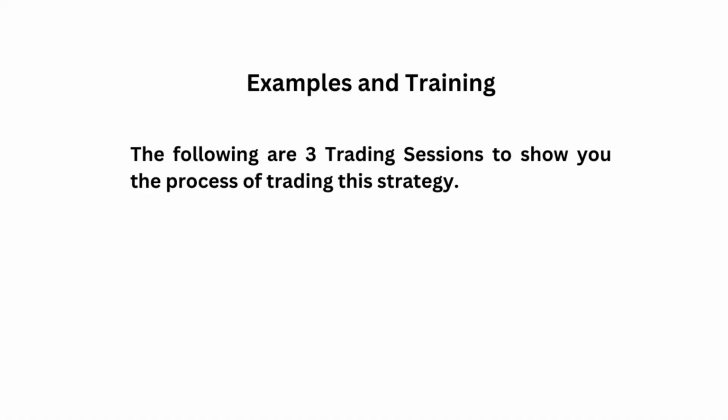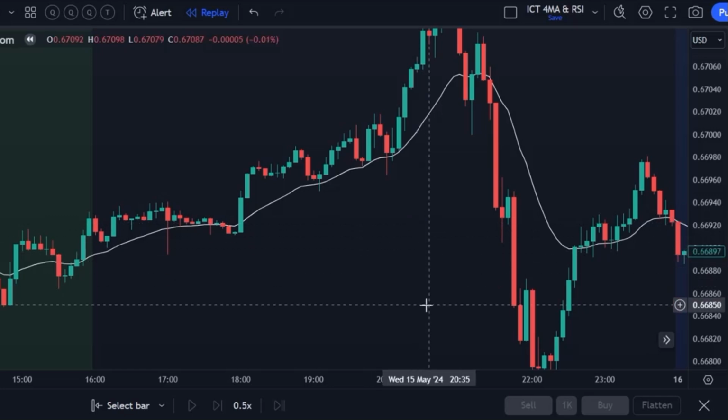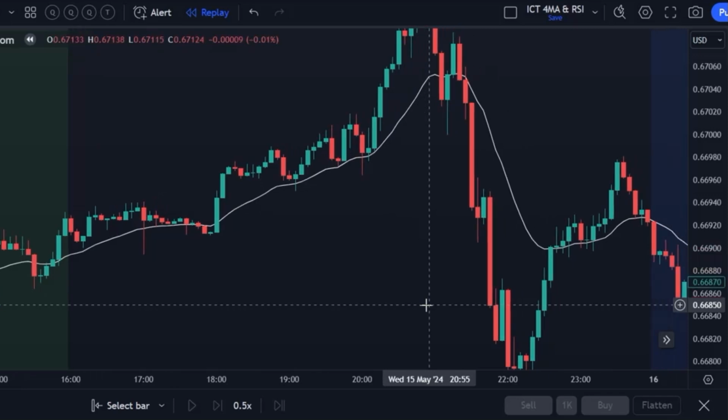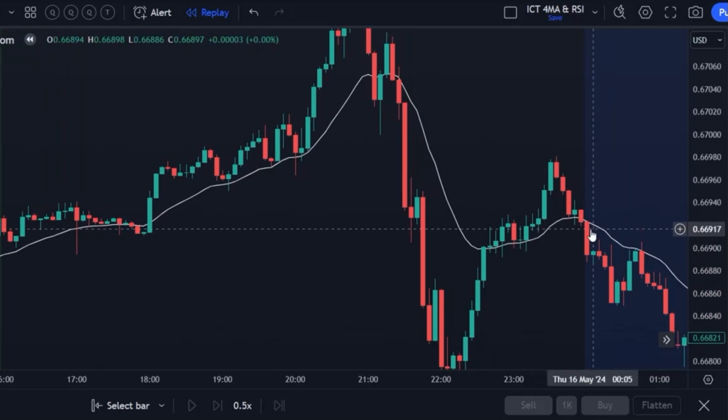Now we will walk through 3 sessions to see how to enter this trade in a live environment. Now we will go through 3 examples of how to enter a trade using this strategy. Midnight has occurred. We're waiting for 2 o'clock a.m. for the London session.